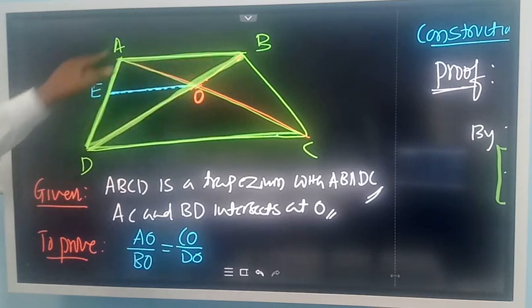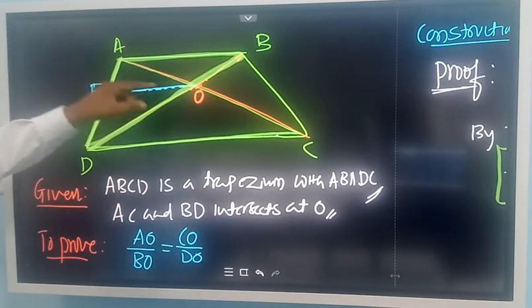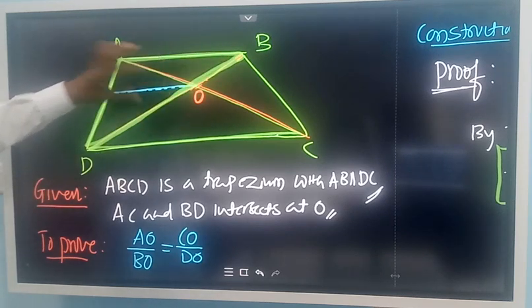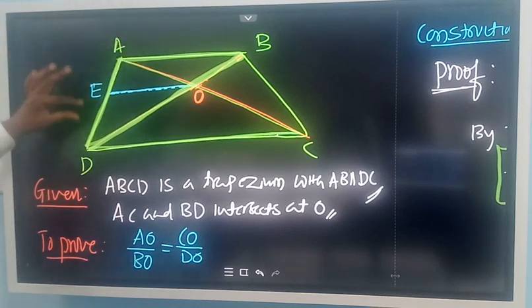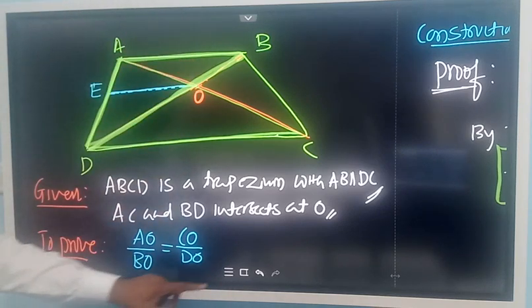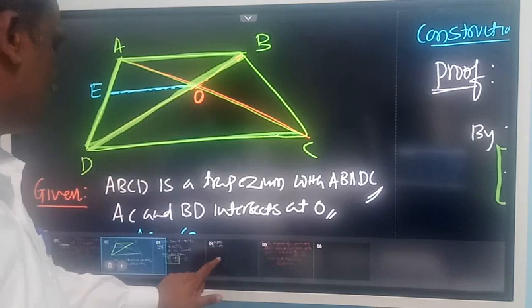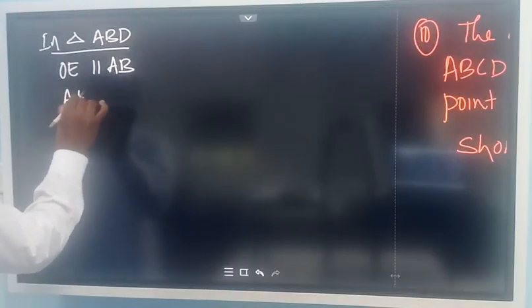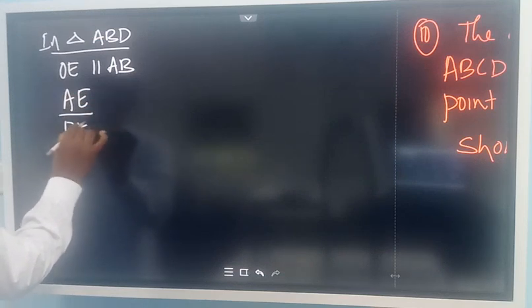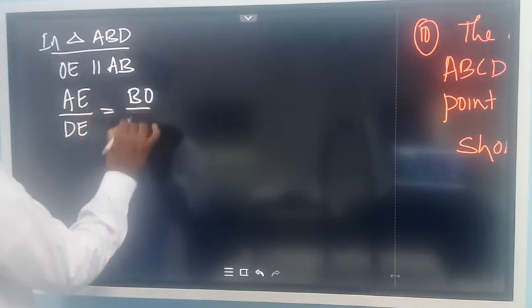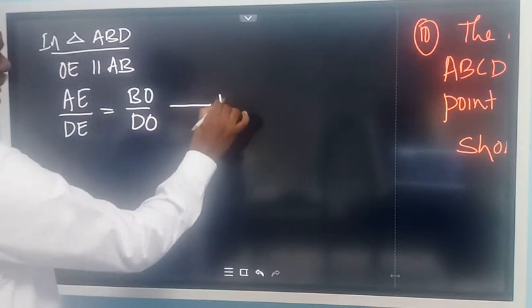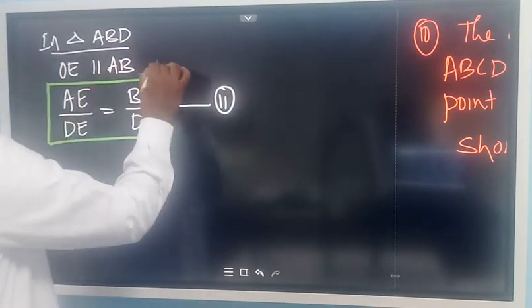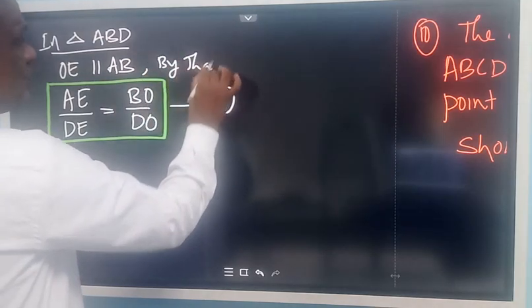AE corresponding to BO, DE corresponding to DO. So AE by DE is equal to BO by DO. So this is equation number 2, by Thales theorem.